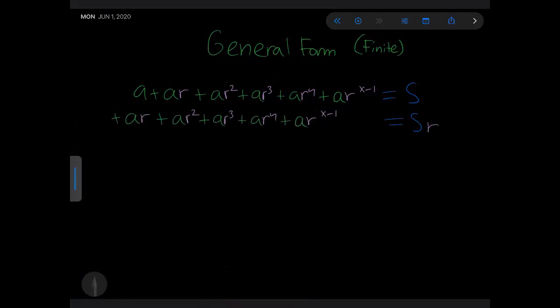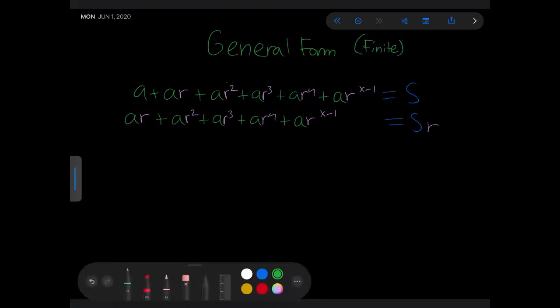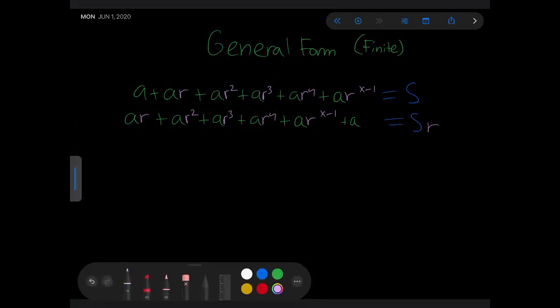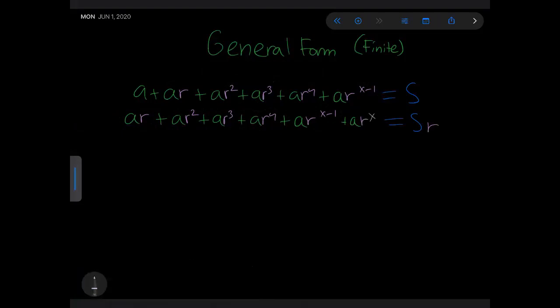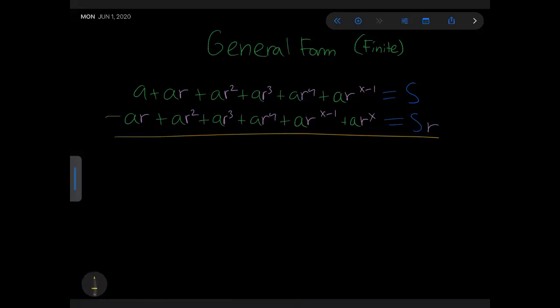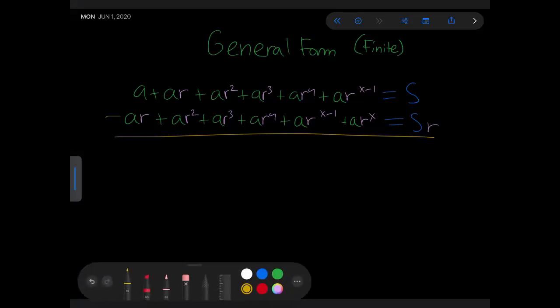So carry that over. And I'm going to erase the ar in front and add this. There's an extra r to the x. So we're going to subtract them again like we did before. What do we get? A lot of stuff canceled out again.